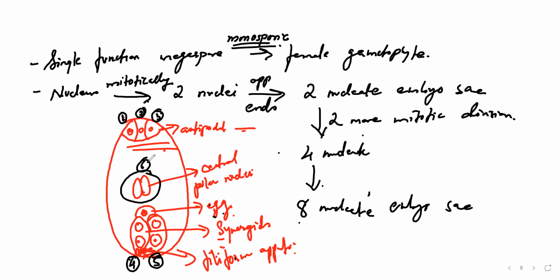So how many cells together? 1, 2, 3, 4, 5, 6, and 7. So here there are 7 cells. Now this particular thing is considered as one cell, but here the nuclei will be 8, because 1, 2, 3, here 2 will be there, so 4, 5, 6, 7, 8. So hence it's called a 7-celled, 8-nucleate female gametophyte.